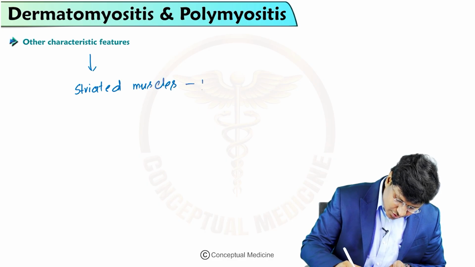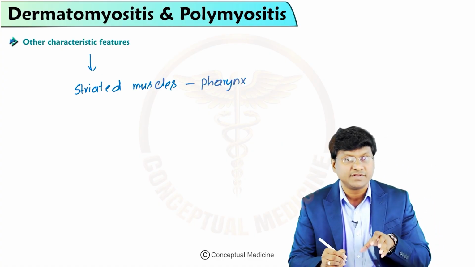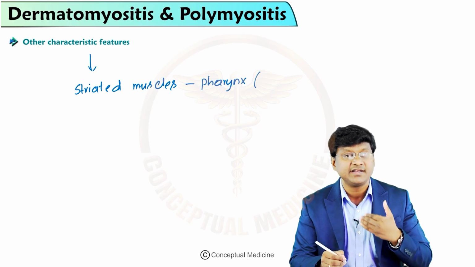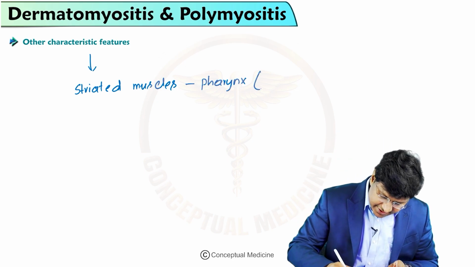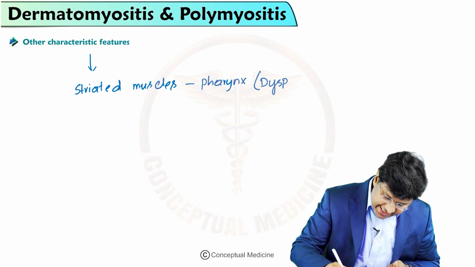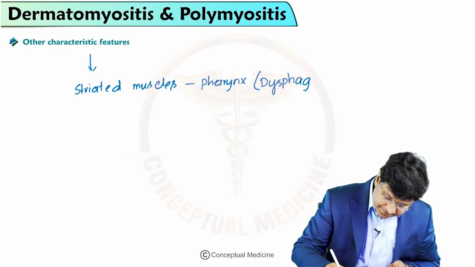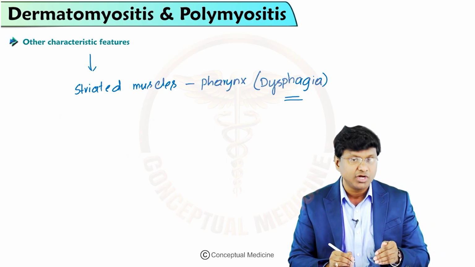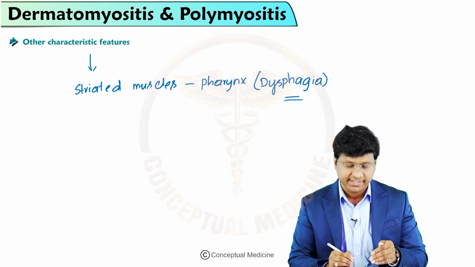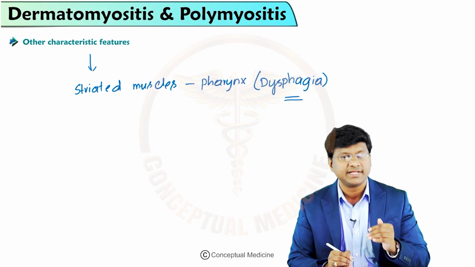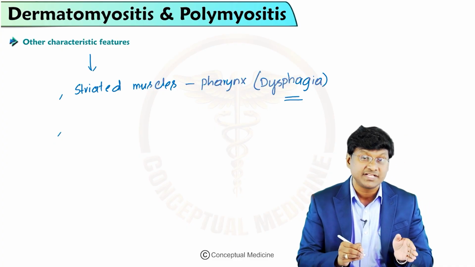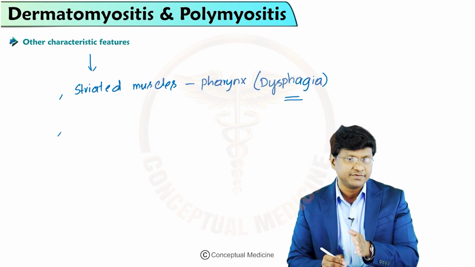Because of this, these individuals have difficulty in swallowing, and that difficulty in swallowing we call dysphagia. And then there is involvement of the respiratory muscles in the later part of the disease.